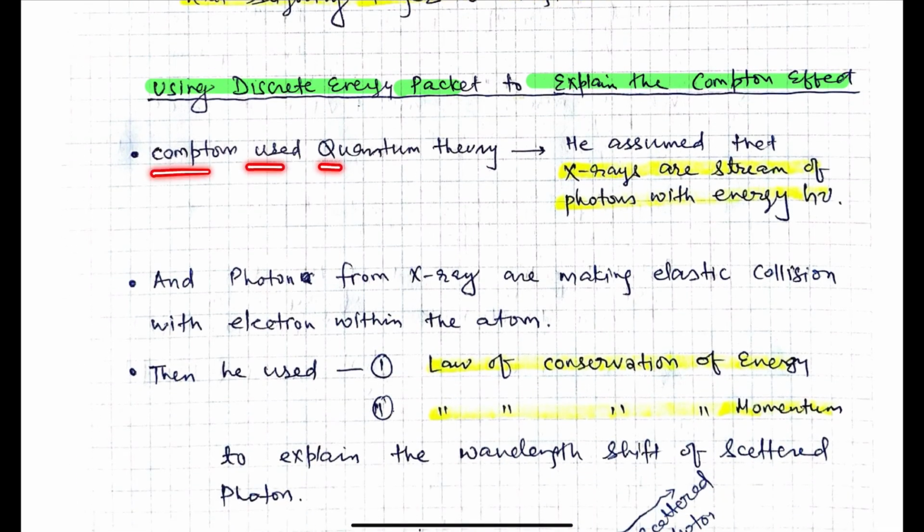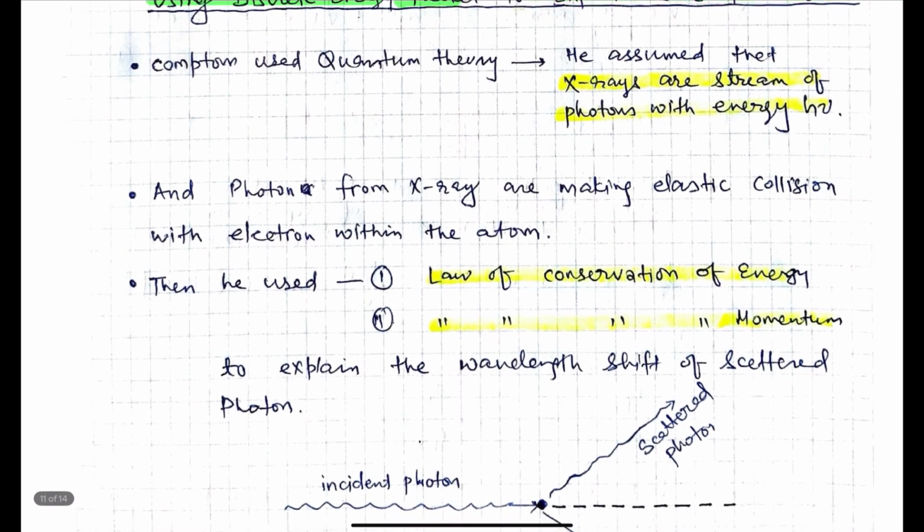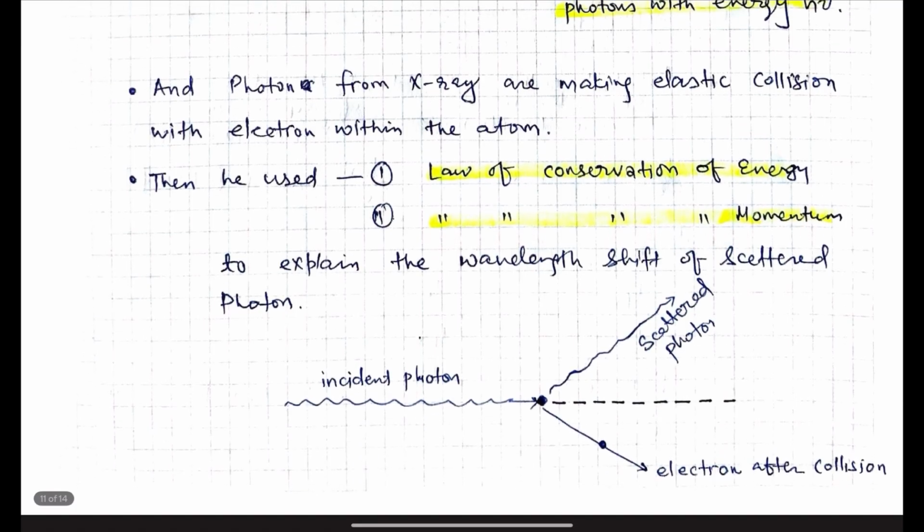Compton used quantum theory, that is, he assumed that X-rays are a stream of photons with energy h nu, and photons from the X-ray are making elastic collisions with the electron within the atom. That means we are going to use the law of conservation of energy and the law of conservation of momentum for this system.